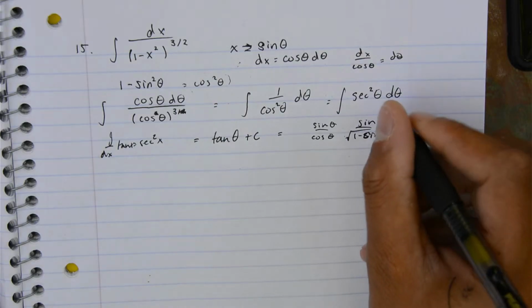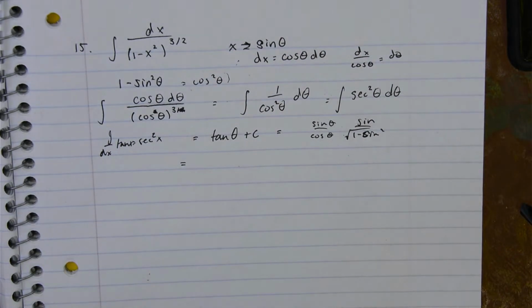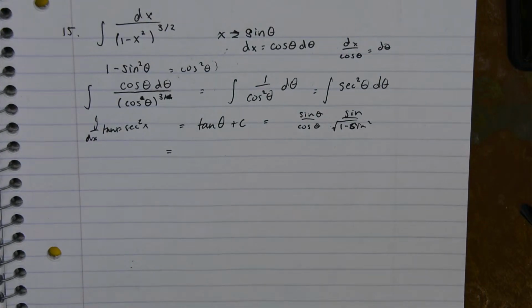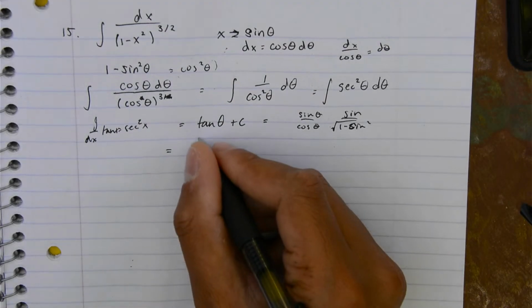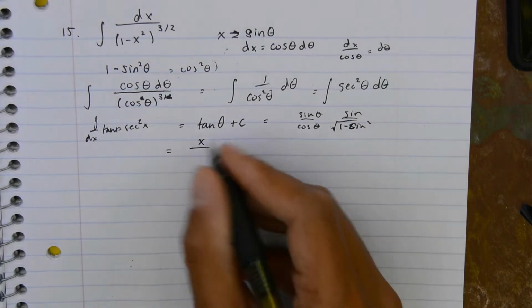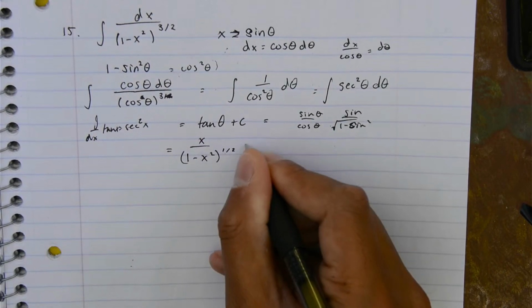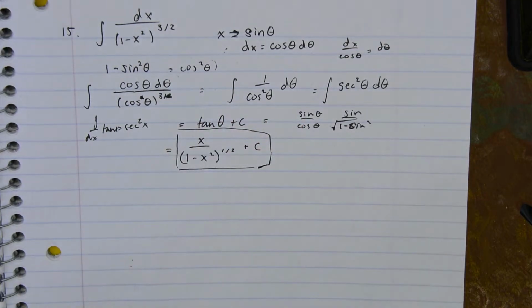Okay, that's how you do it. The back substituting is a little confusing here. This is trig sub. Okay, so now we have x over 1 minus x squared to the 1/2 plus c. I think that's the whole thing.